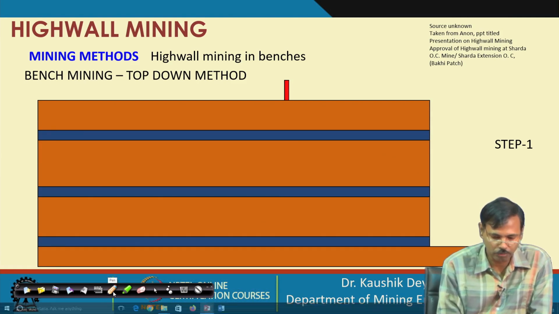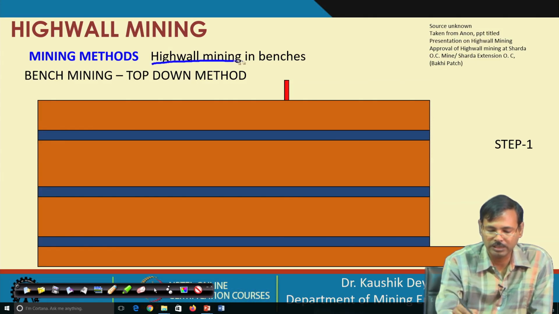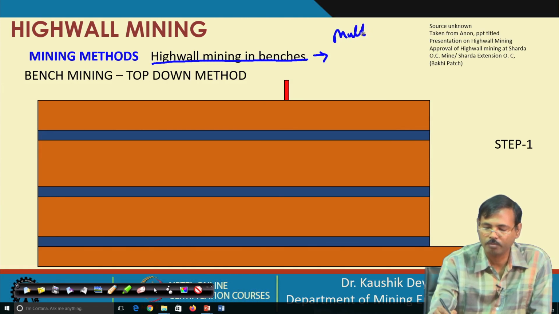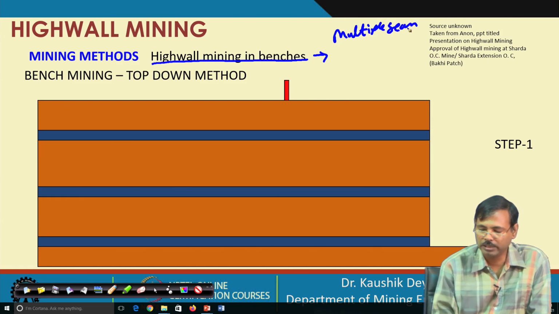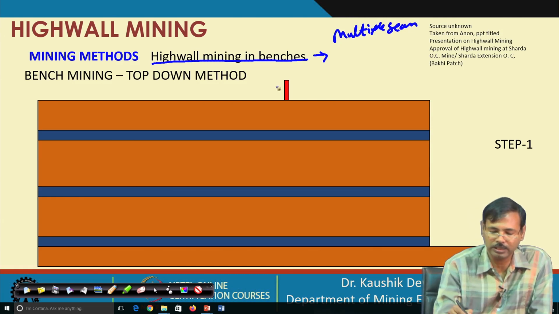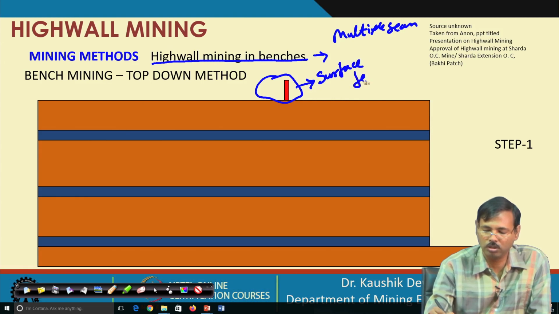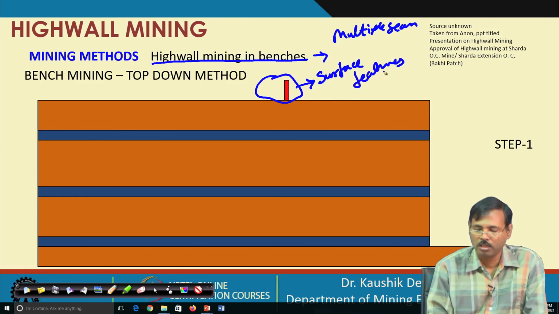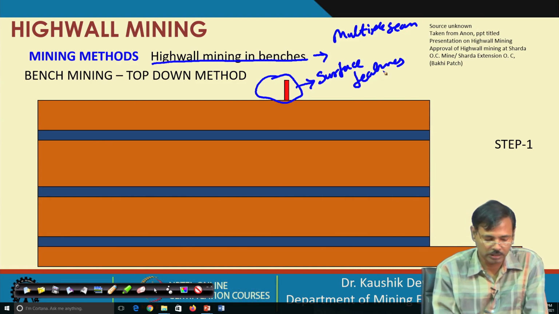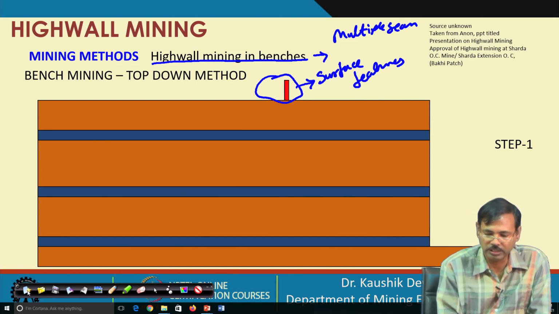Now, this is high wall mining in benches. This method is carried out for multiple seams, and the requirement is that these surface features are to be protected. So, these surface features have to be protected, for that mining has to be carried out, and the procedure is a little bit different in this case.